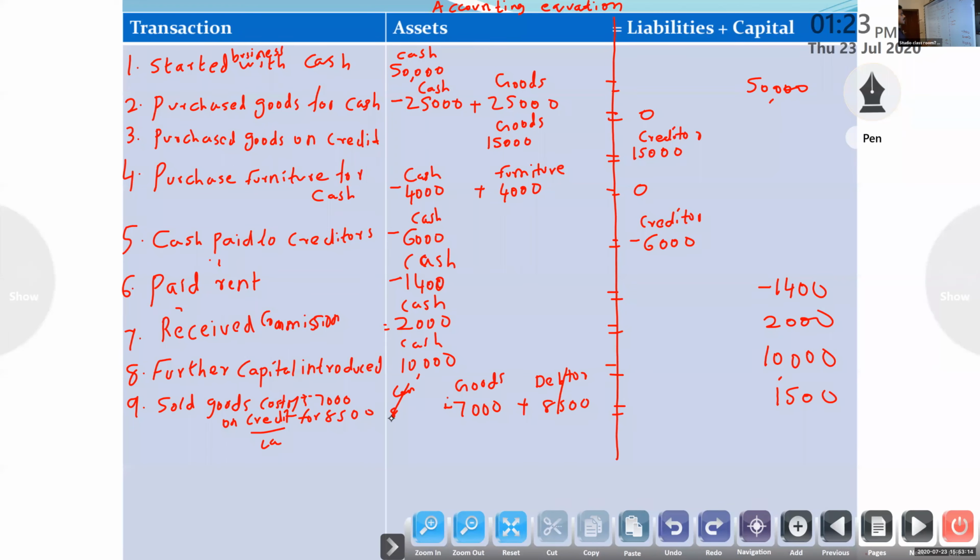Here credit, so goods minus, debtor plus. If there is any profit or loss, you have to adjust with the capital. Any doubts?